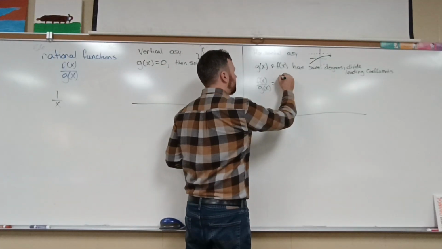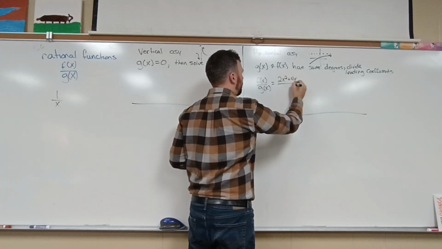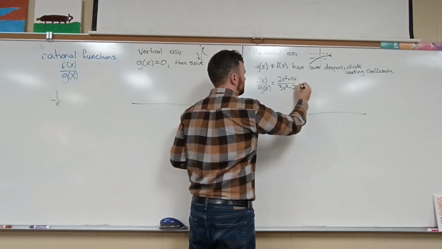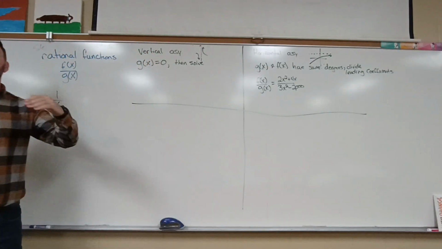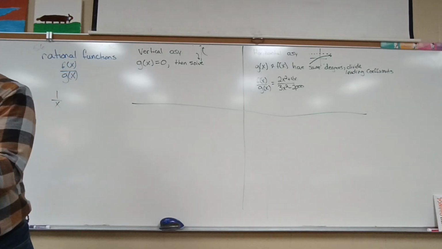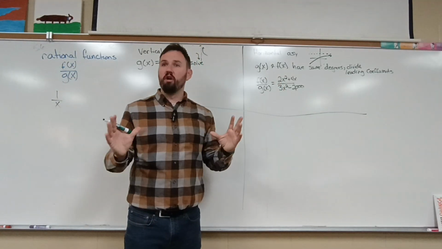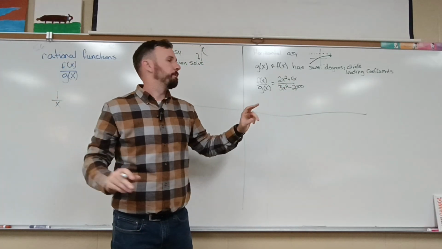So let's say we get 2x squared plus 4x over 3x squared minus 2,000. My degree on the top is 2. My degree on the bottom is 2. So that means as I go to infinity, these two are going to take over. They're going to get so much bigger than the other ones, they don't matter anymore.